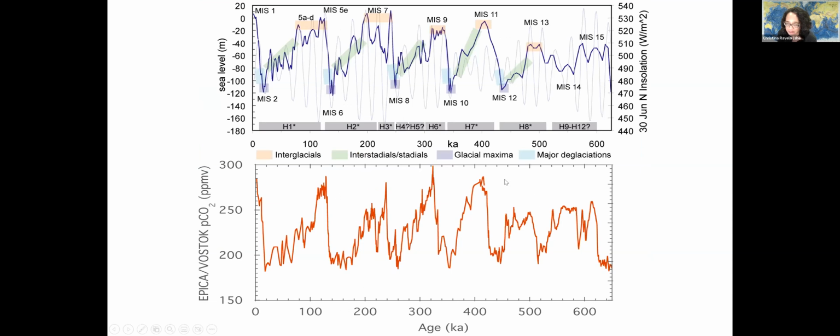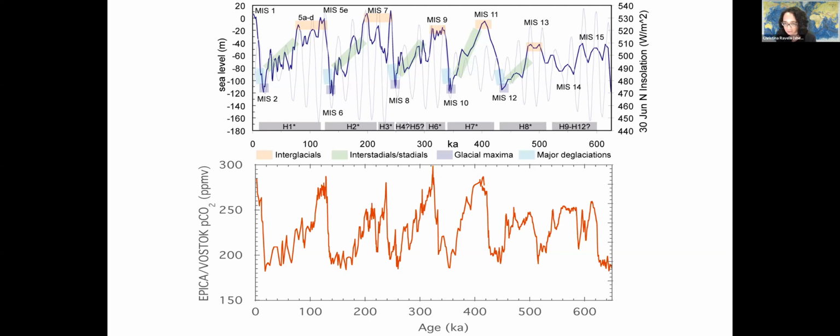So just backing up a second and reminding everybody about the mean state or background state of climate during this period of time that we think we're going to be able to sample. The upper plot just shows the sea level curve and where the reefs that we think we're going to drill through land in terms of past insolation changes, past sea level changes, and past climate changes and CO2 changes.